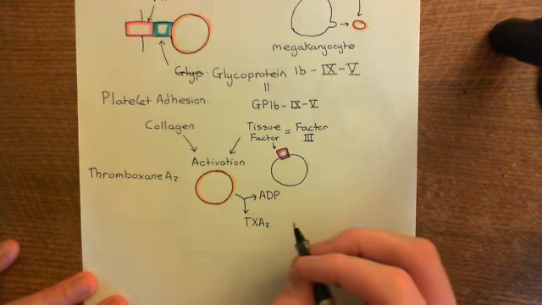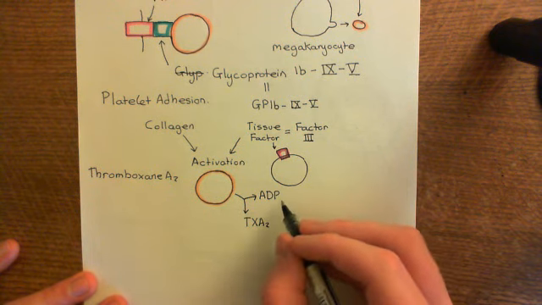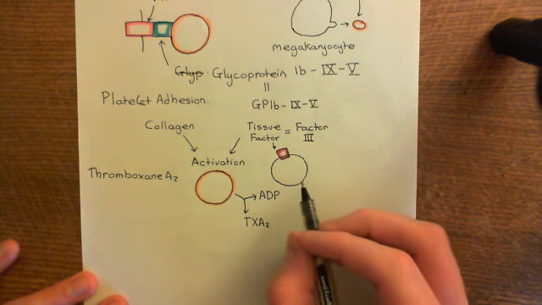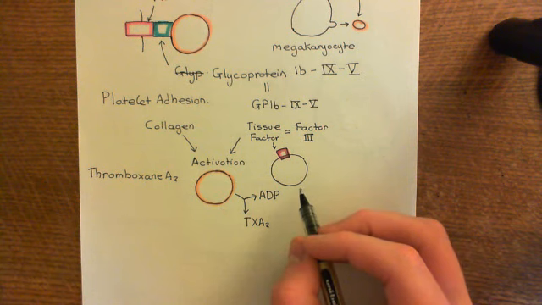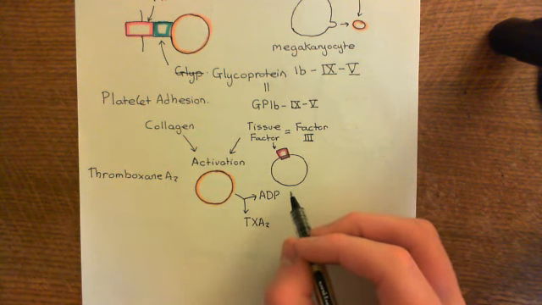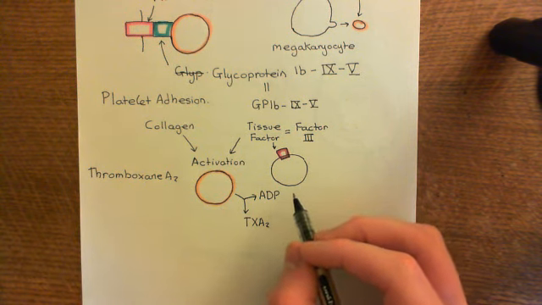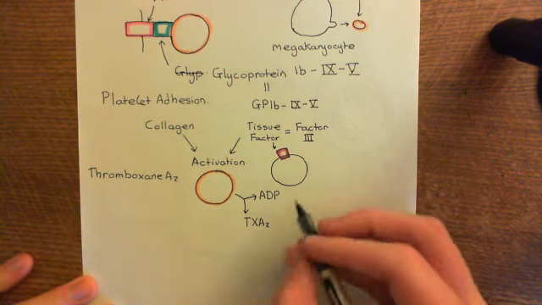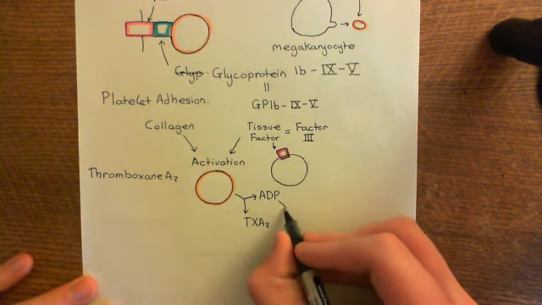ADP is going to activate other platelets, so you don't need all platelets to directly meet collagen and tissue factor. Instead, only a few need to meet the collagen and tissue factor, and then they can set off a chain reaction that leads to the activation of the others.